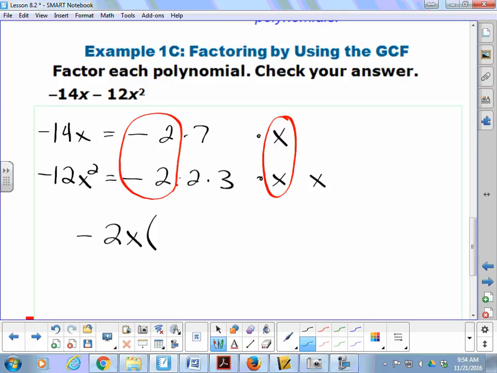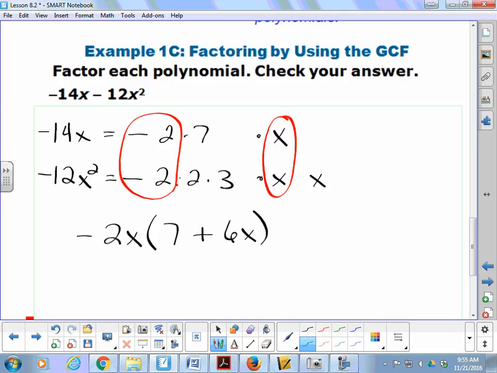We've got the 7 from the first one. But the question is, what goes between them? Since we took the minus out, it's going to be a plus sign. And 2 times 3 times x is 6x.